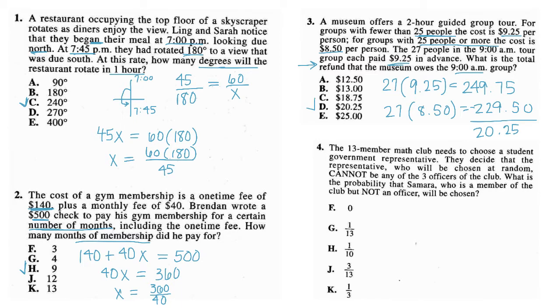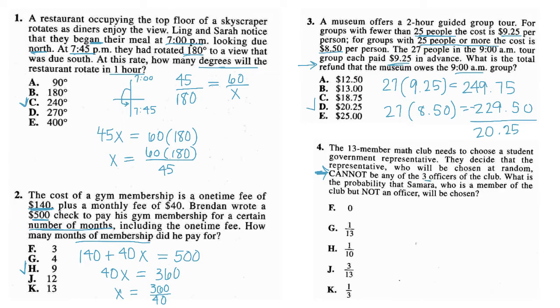Okay, moving on to number 4. And let's read through the problem. It looks like we've got maybe a probability problem. We have a 13-member math club needs to choose a student government representative. They decide that the representative who will be chosen at random absolutely cannot be any of the 3 officers of the club.